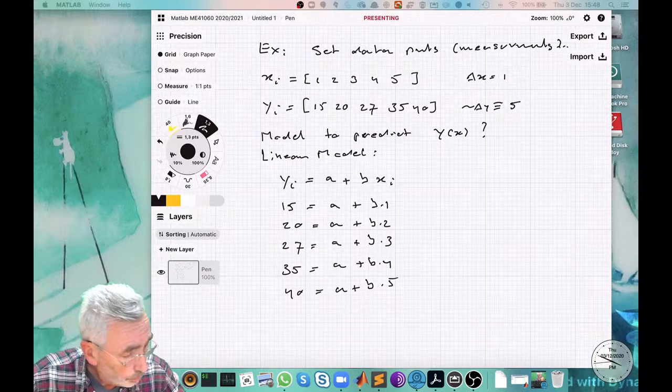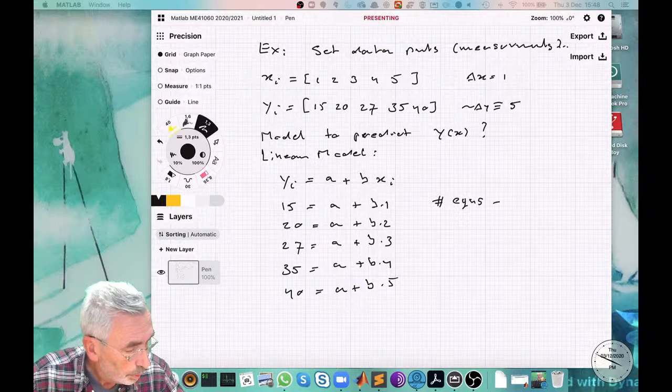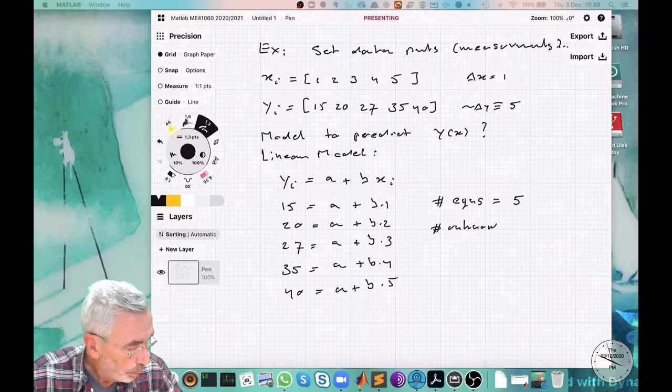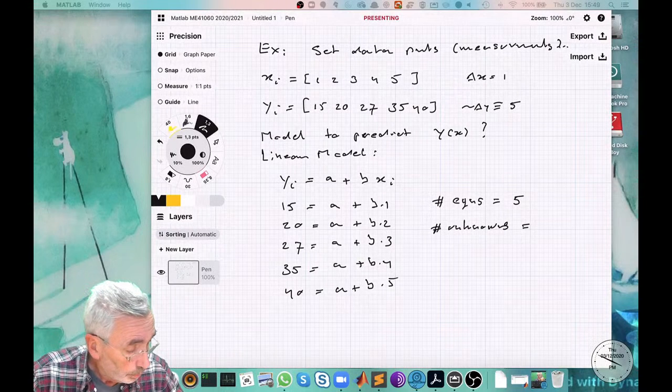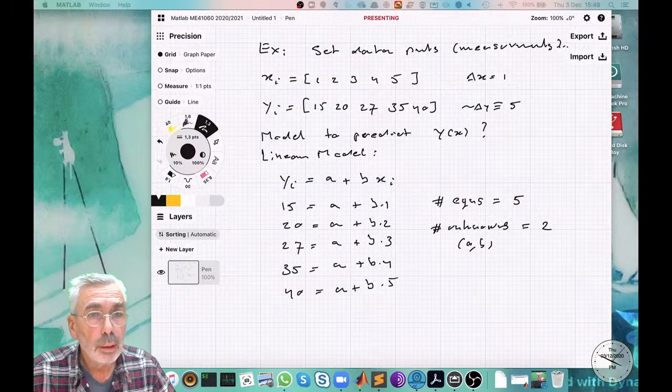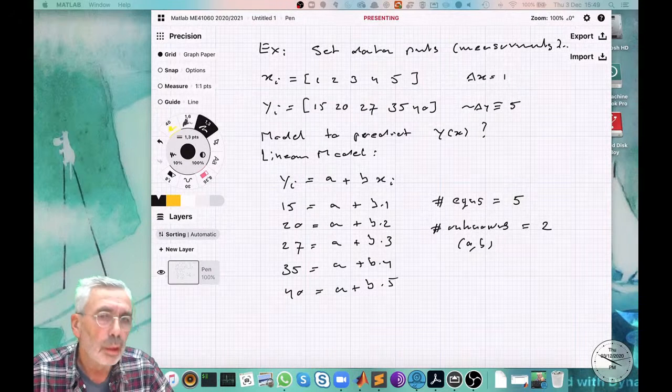So the number of equations we now have is 5, right? And the number of unknowns is, well, we only have a and b, so that's 2. Meaning that we have more equations than unknowns, and they are linear.